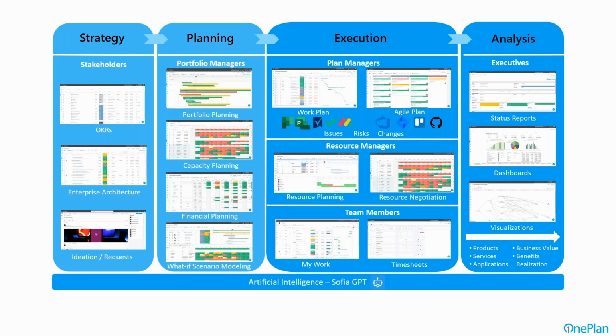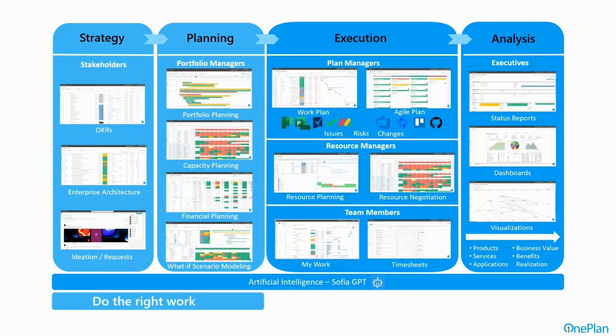Now, with all the hype around AI, OnePlan actually has a practical, ready-to-use, embedded in the application AI assistant called Sophia GPT, and allows us to better analyze things, help us with initiating work, helps us identify risks or where things might be going off the rails, and also provide some alternatives for us and do some things in an easier fashion so that we can put our human capabilities to more high value activities than just things like status and those types of things.